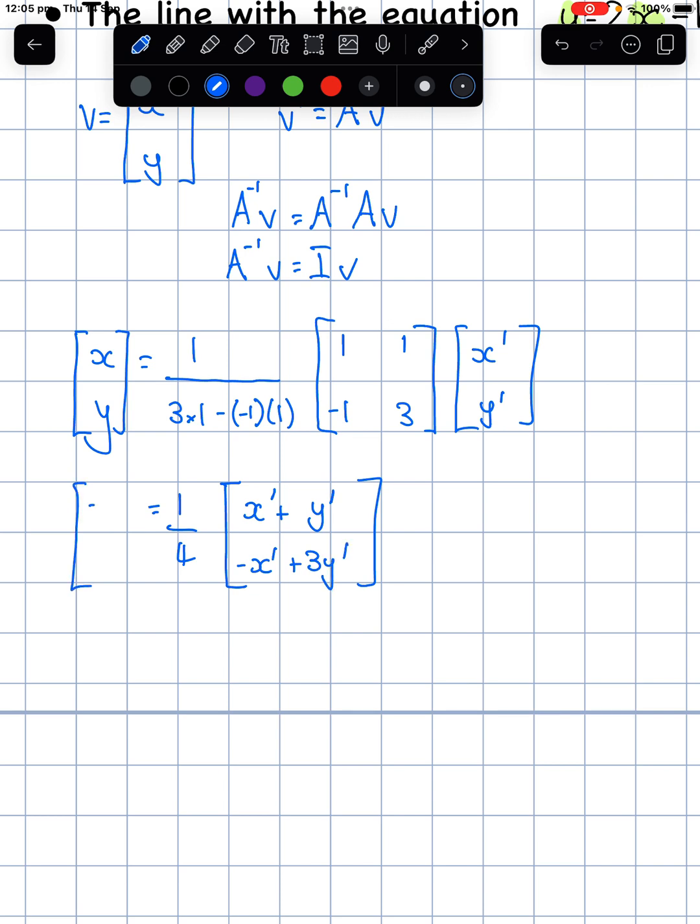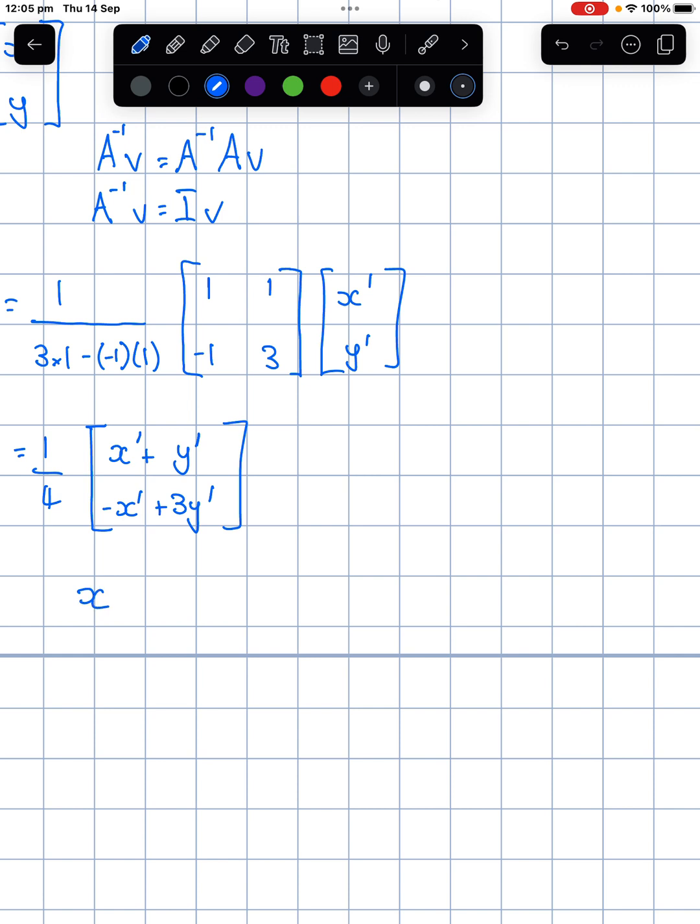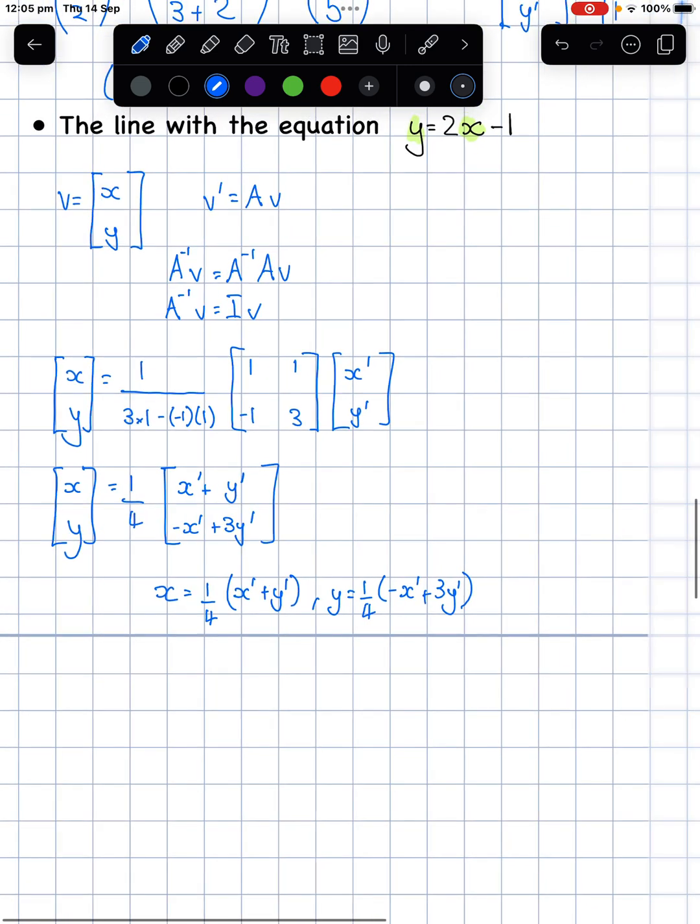From this, I'll write out my individual equations. X equals 1 on 4 (X dash plus Y dash), and Y equals 1 on 4 (-X dash plus 3Y dash). So now we've got X and Y, which was our original intention. We wanted to get them as the subject, and we've now done that. So now we can sub these back in.